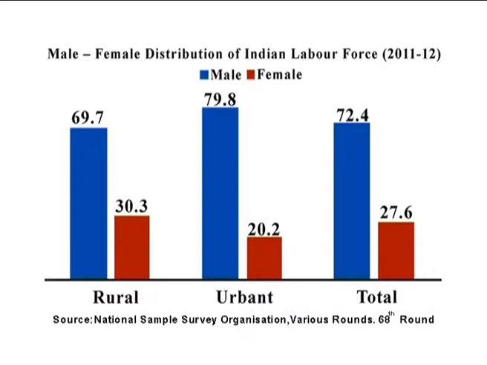The proportion of females is higher in rural areas as compared to urban ones. In rural areas, out of the total labour force, 30% are females and 70% are males, while in urban areas, 80% are males and 20% are females.